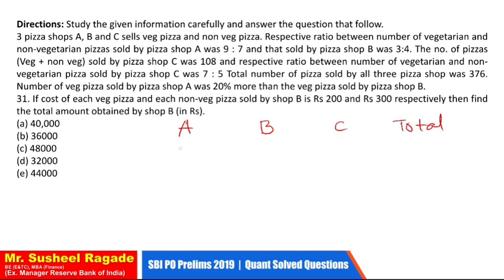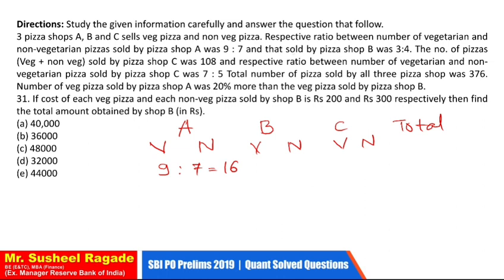Each shop sells 2 kinds of pizzas, veg and non-veg. So the ratio here is 9:7. So total we can write it as 16. Whenever a ratio is given, you should write the total so that you will get to know the multiplying factor very easily.